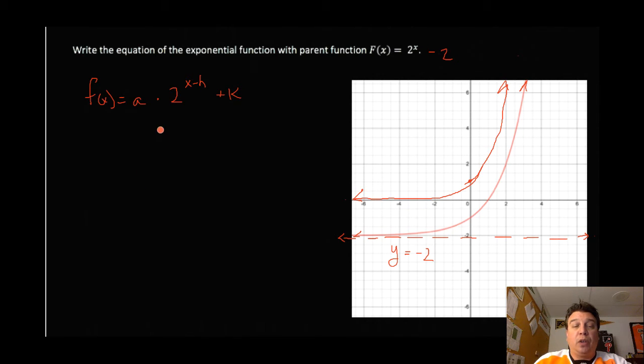So now, we know this part at the end. We know that f of x is equal to a times 2 to the x minus h, because I don't know what h is yet, and then minus 2, because the entire graph has been dropped down.